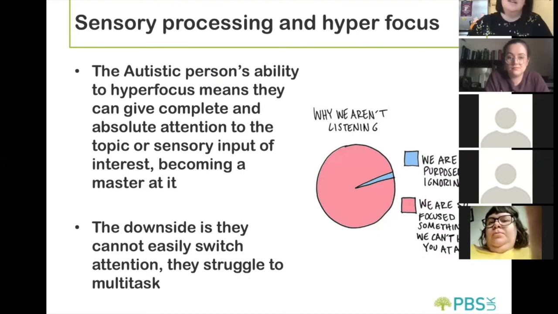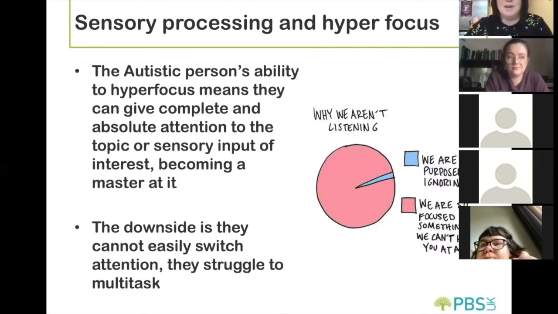It becomes their all and everything. They're able to completely focus on that, and that can be a real strength. It can make people become incredibly skilled at certain techniques, at certain aspects. And that's why sometimes people develop almost savant-like abilities based on this ability to focus.